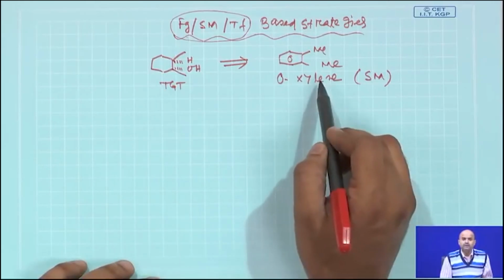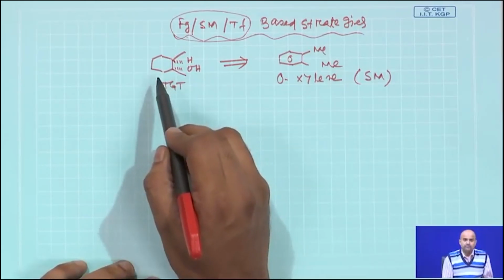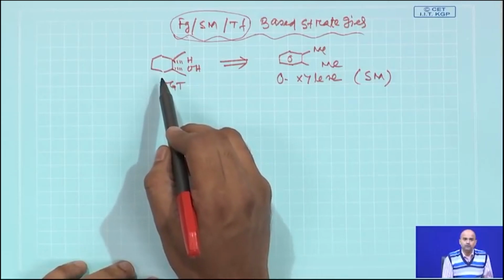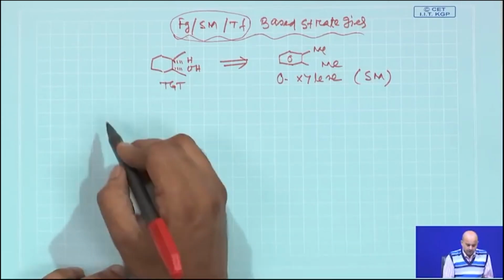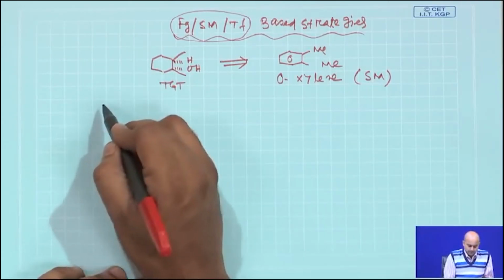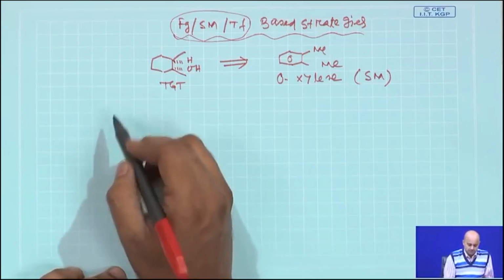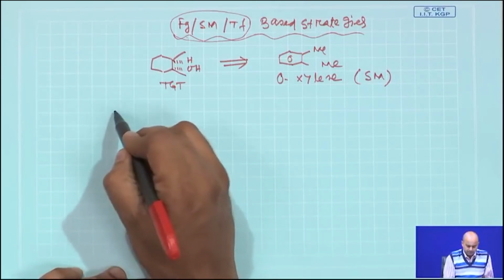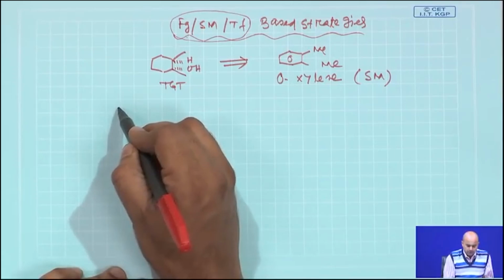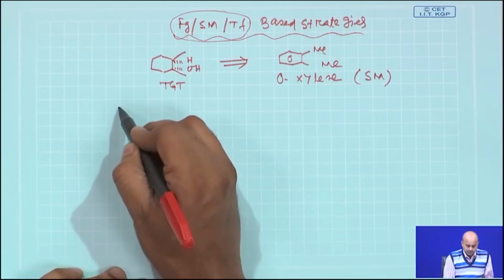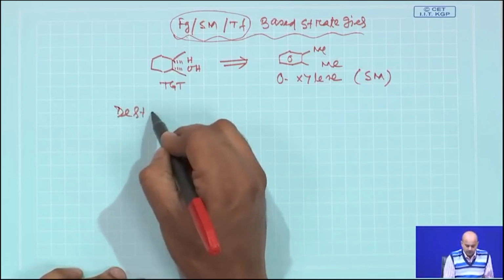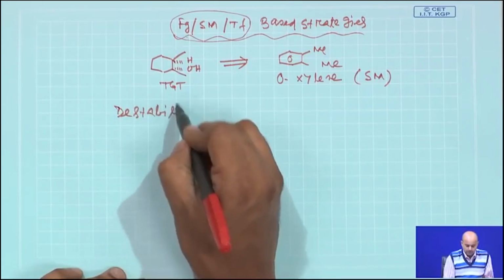Eventually the starting material is aromatic and this product is non-aromatic. So, in synthetic transformations, how many reactions can you name which destabilize the aromaticity of a given aromatic nucleus?